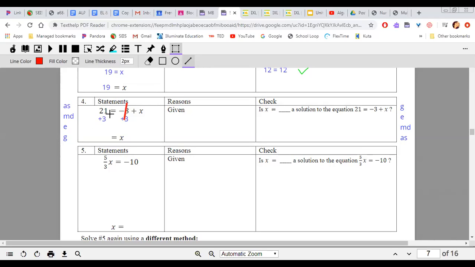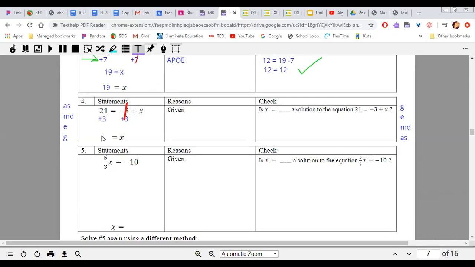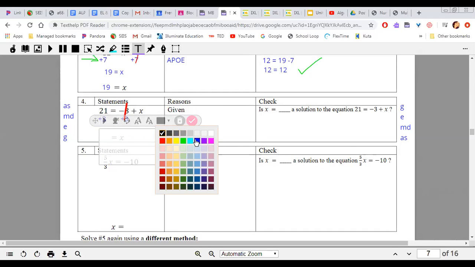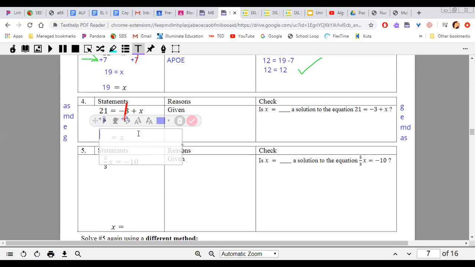Now we can add 21 plus 3. 24. Yes, 24. Okay, so 24 equals x.